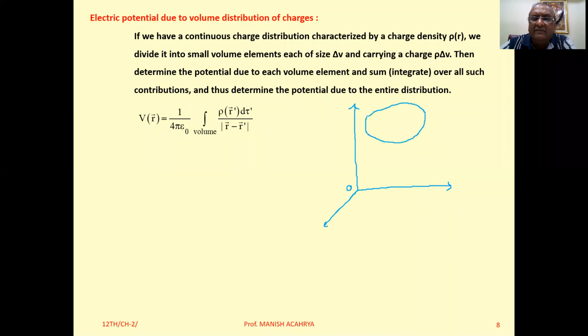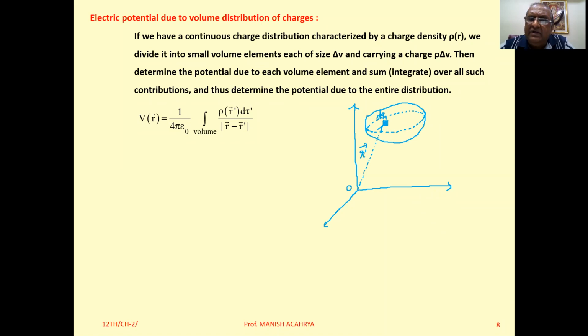For this given volume charge distribution, we have to divide the entire distribution into so many infinitesimally small volume elements. Suppose here we consider one volume element, which possesses charge dq, and suppose its position with respect to the origin is r dash.